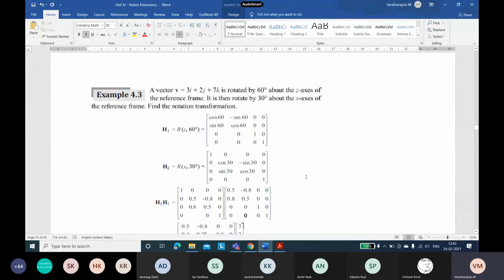And please take your calculator and find the values of cos 60, sin 60, cos 30 and sin 30. Keep your mode in degrees. When we are concerning the radian, pi and all, when we are applying pi, at that time you convert into radian. At present, you keep your mode as degree. Find the values cos 60, sin 60, cos 30 and sin 30, and round it off to 3 digits.